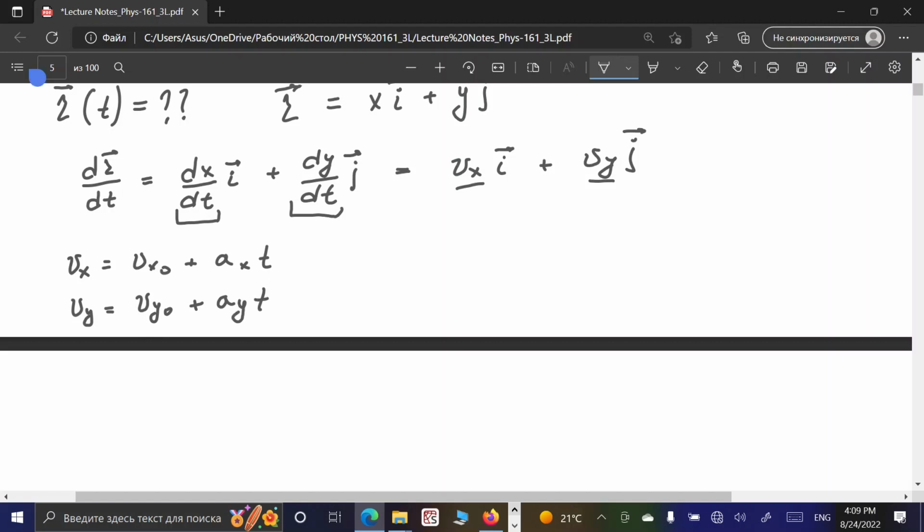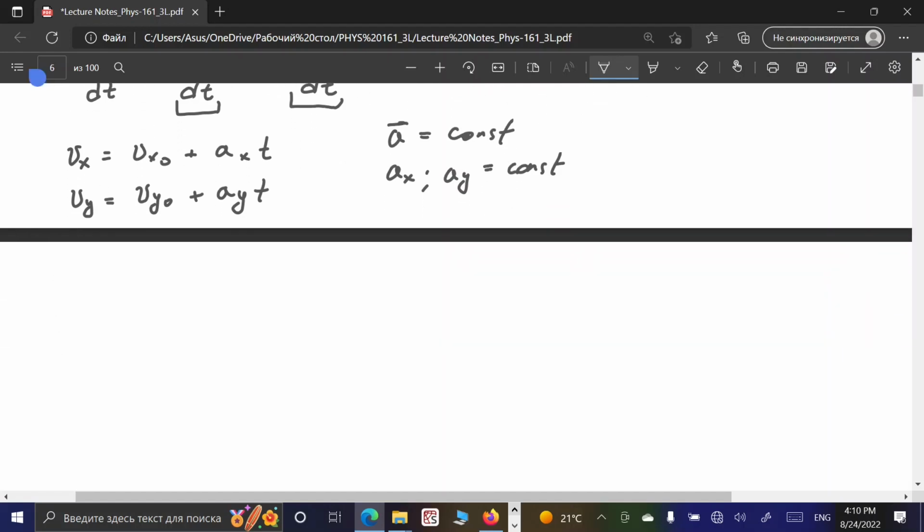So that is our expression, which we borrow from the previous discussion, and that is true for each of these projections. Also, what is important to mention here, if we have a constant acceleration vector, a vector is equal to constant, then ax and ay are also constant. They don't change over time. So we can use just constant values for these projections of the acceleration vector along axes x and y.